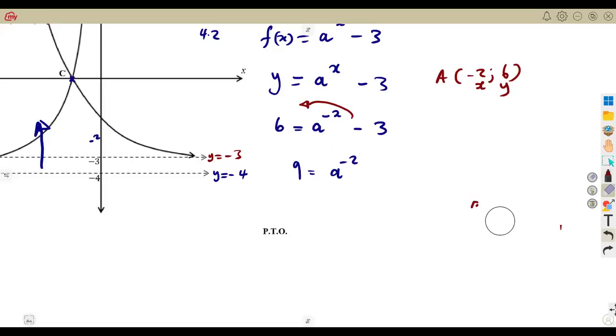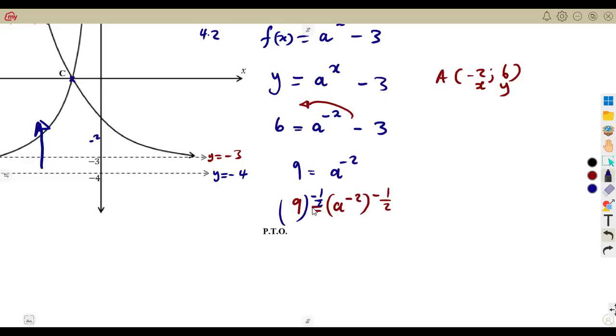You just have to find that reciprocal. So this is the same as 9 is equal to a to the exponent of -2, raised to the exponent of -half. The moment we use this -half, we are supposed to also use -half on this side. To remove that exponent, you find the reciprocal.